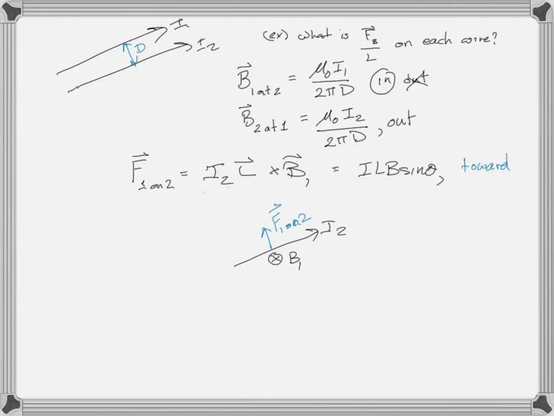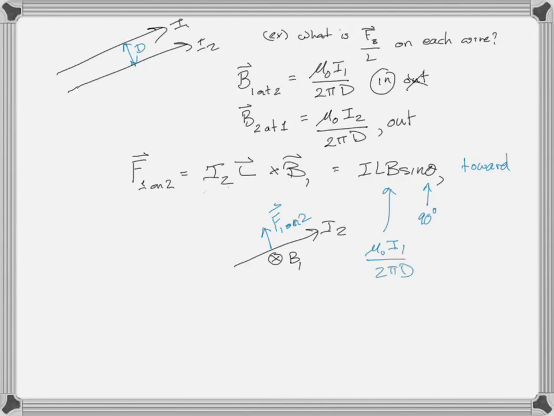Okay, so now given the picture, theta is the angle between L and B. So theta is 90 degrees, right? B is into the page, I2 is in the page, so this theta is 90 degrees. And then B is the magnetic field B1, so that's mu 0 I1 over 2 pi d.